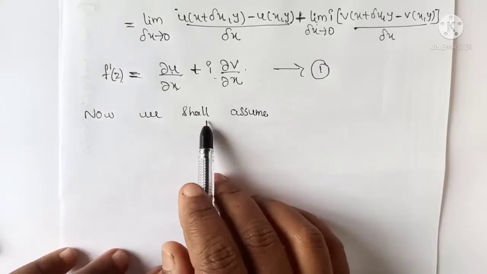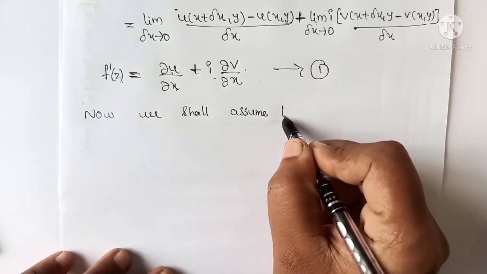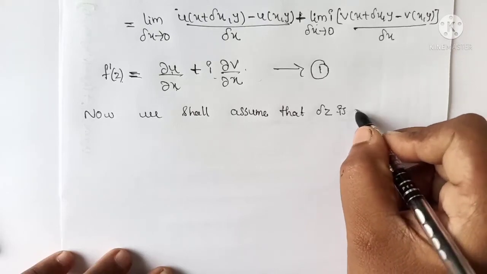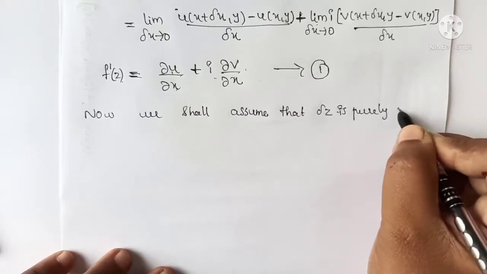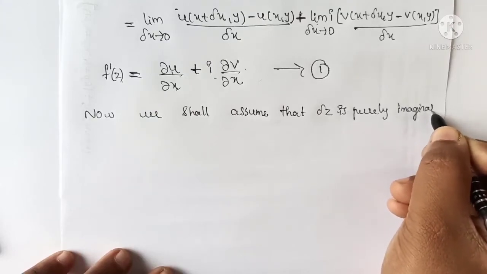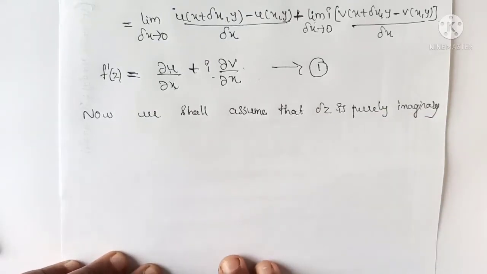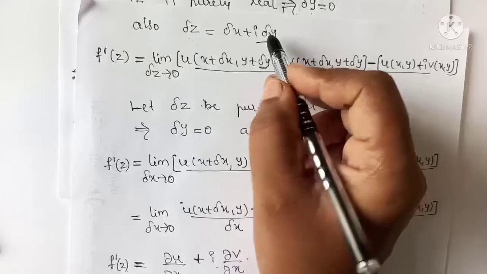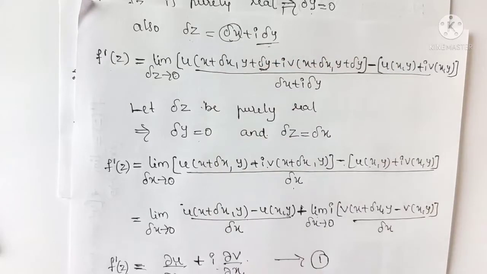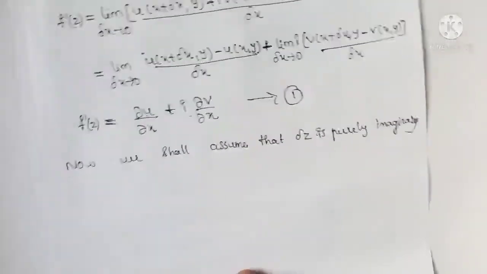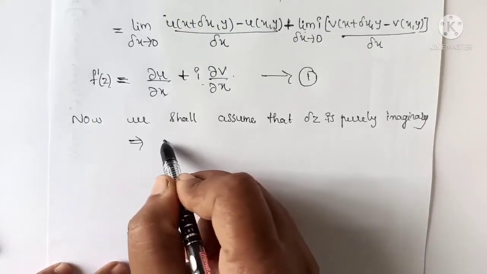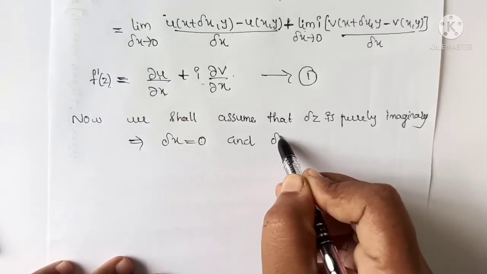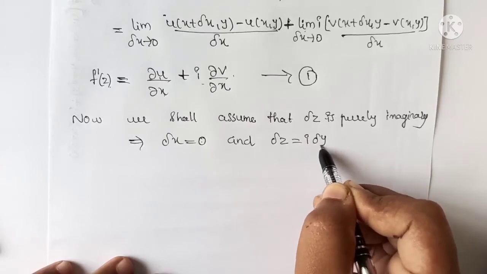Now we shall assume that delta z is purely imaginary. Purely imaginary means its real part is 0, so delta x becomes 0 and delta z becomes only i delta y.